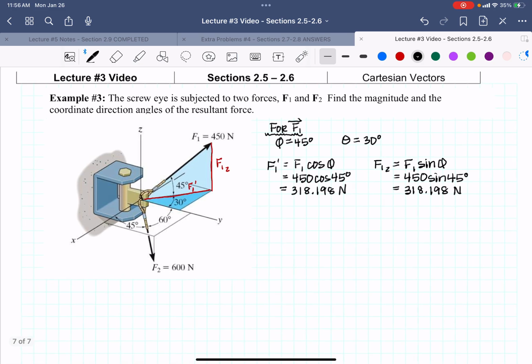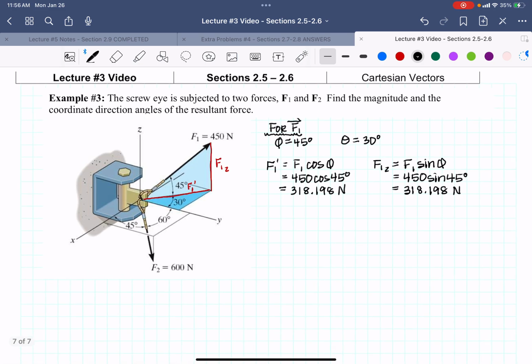From there, I can solve for my X and Y components because I have F1 prime. So make sure we look and see if they're positive or negative as part of this problem. So if we look at F1 in the X direction, it does go towards the negative X. So it is going to be negative F1 prime times the sine of theta.